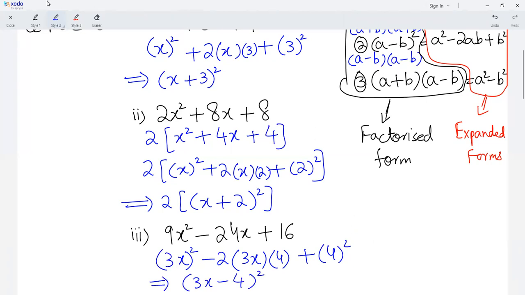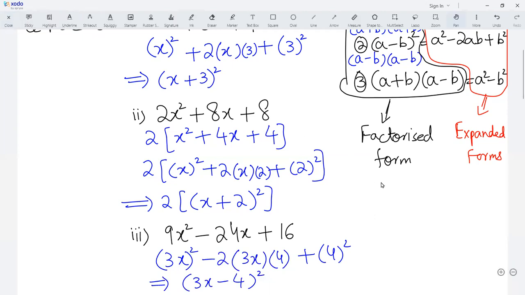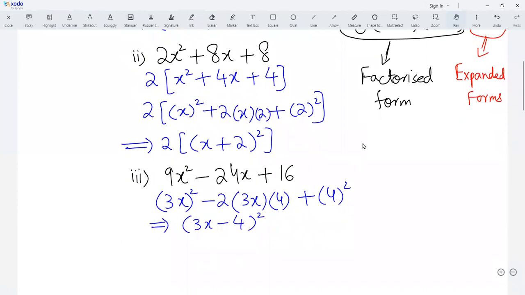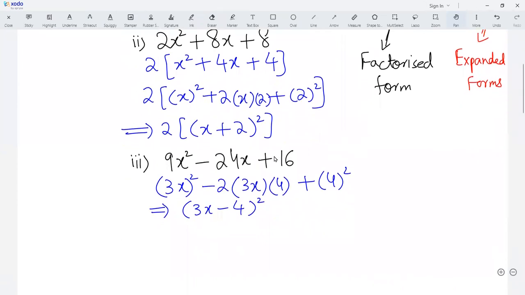So we are moving ahead to the fourth type of question. I'm looking at a question in which there is something common from the complete term, for the second type of the algebraic identity.